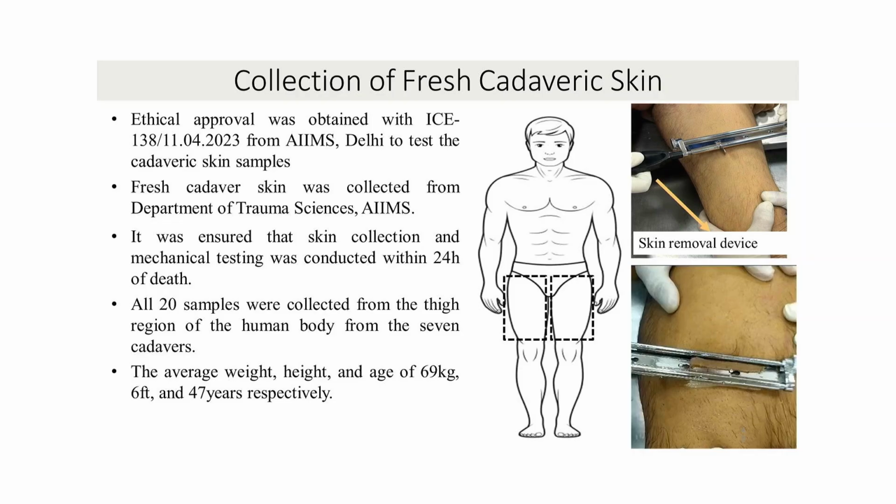Before we take the skin from the cadaver, as part of the ethical approval, we have to make sure that whenever we use a new fresh cadaver for skin extraction, we take informed consent. Now, how do we take informed consent from a cadaver? You have to take informed consent from somebody immediate to their family. If somebody has declared that the person who has died is a family member, that is number one.